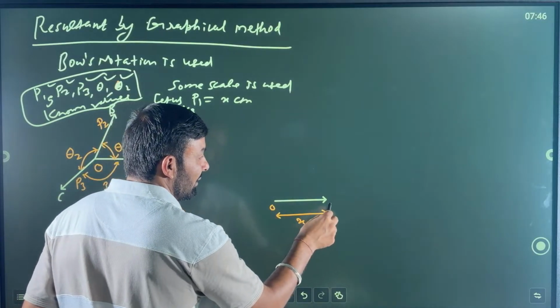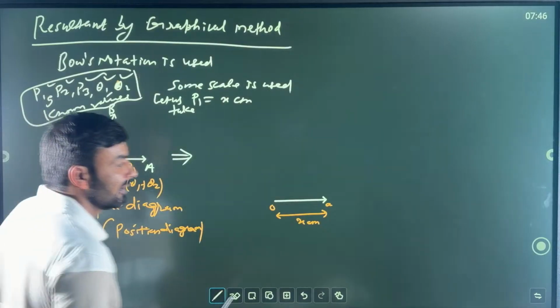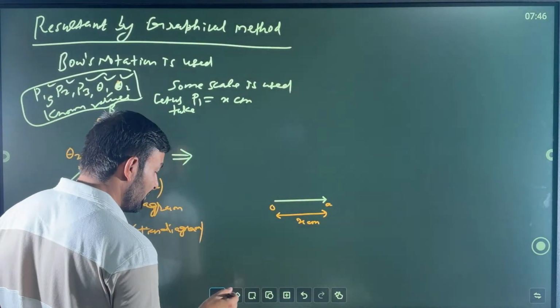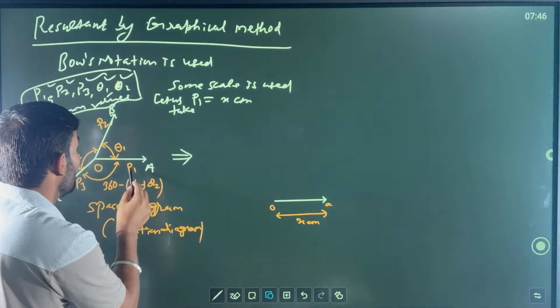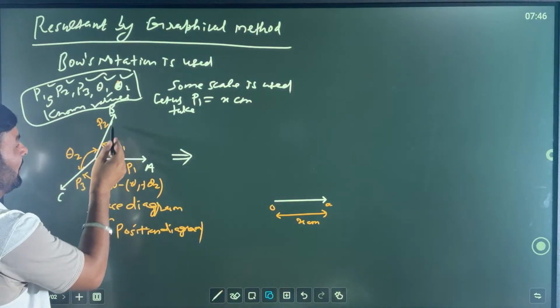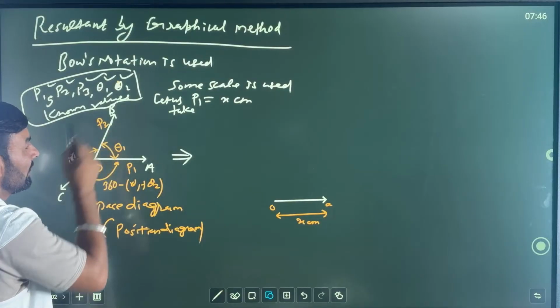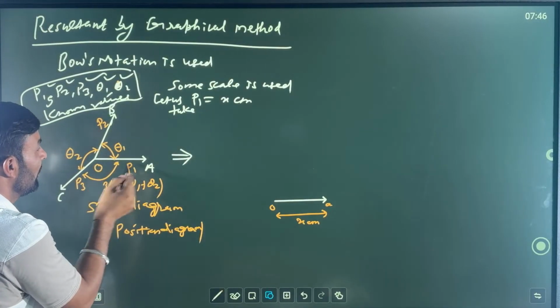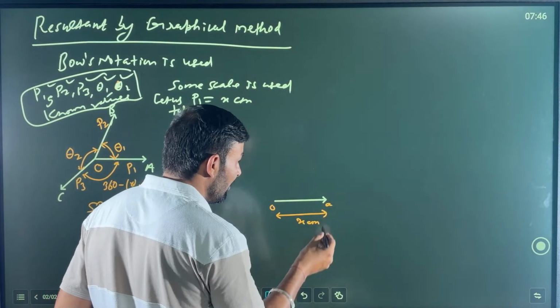Small letter o and this is small a. Be careful with those notations, capital versus small. Then take the next. Now draw P2 in the direction of OB at an angle theta with respect to it.